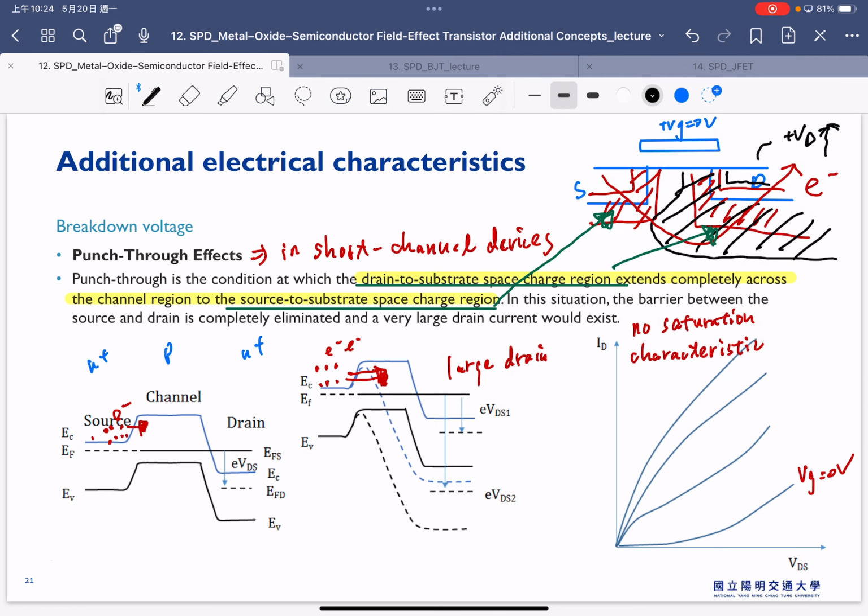The first one is high leakage current at VG at 0 volt, and the second one is that we don't have the saturation characteristic. Okay, so that's the phenomenon that we call the punch-through effect.